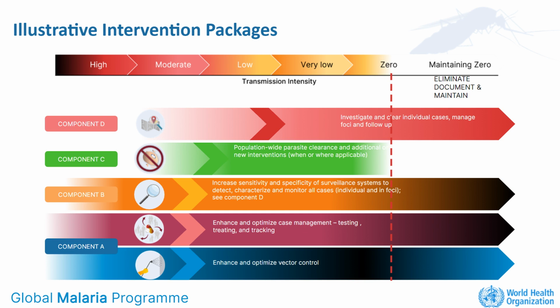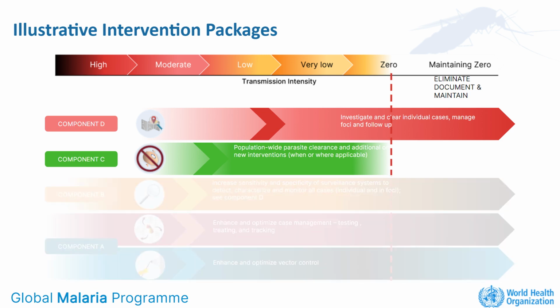This diagram should be seen as illustrative rather than prescriptive, as the start and duration of interventions would depend on local circumstances. The shading in the rectangular boxes showing the different components indicates the enhancements and quality required as programs progress towards elimination.